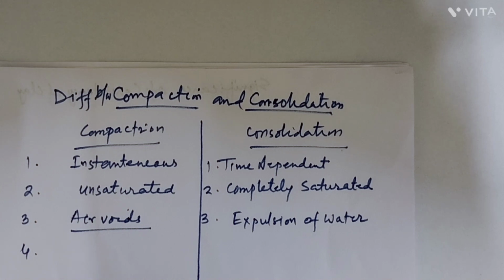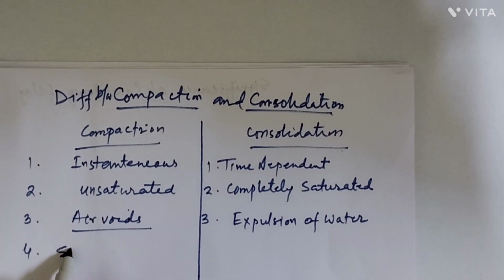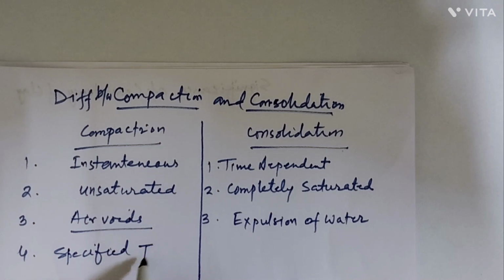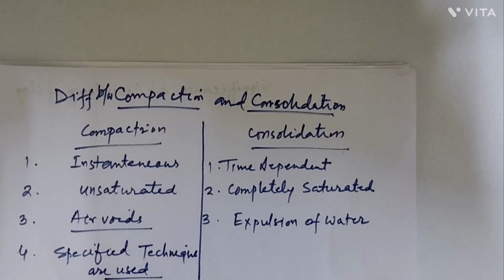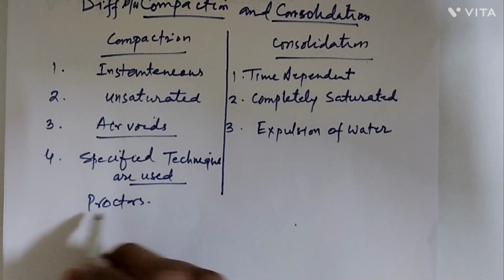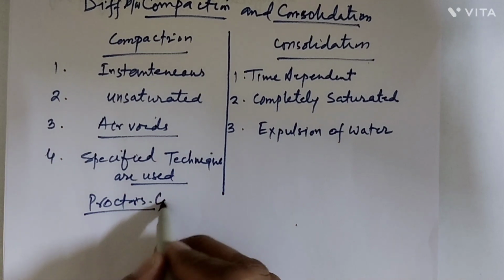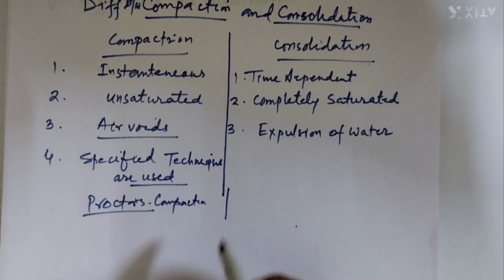In the compaction process, specified compaction techniques are used, like Proctor compaction, IS light compaction, modified Proctor, IS heavy compaction.